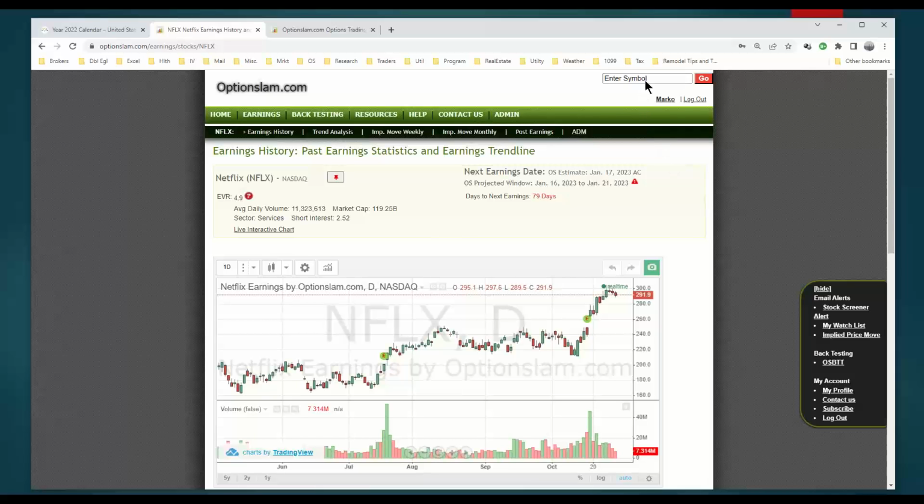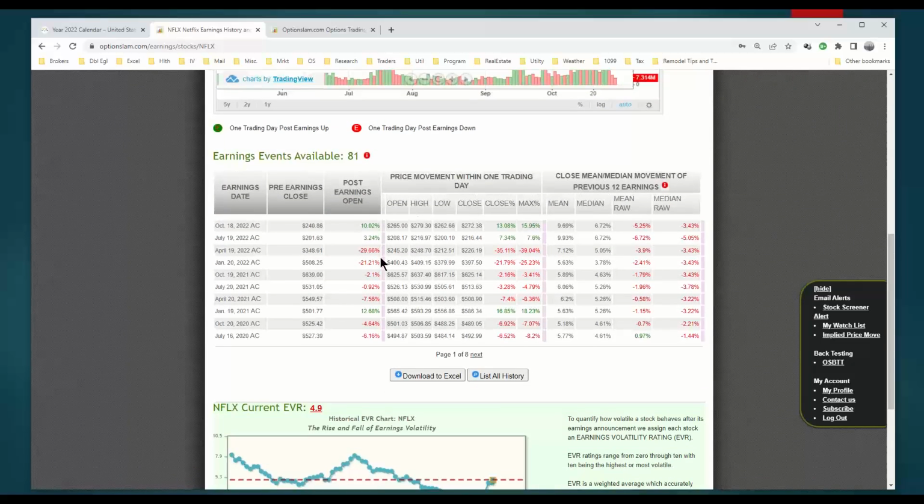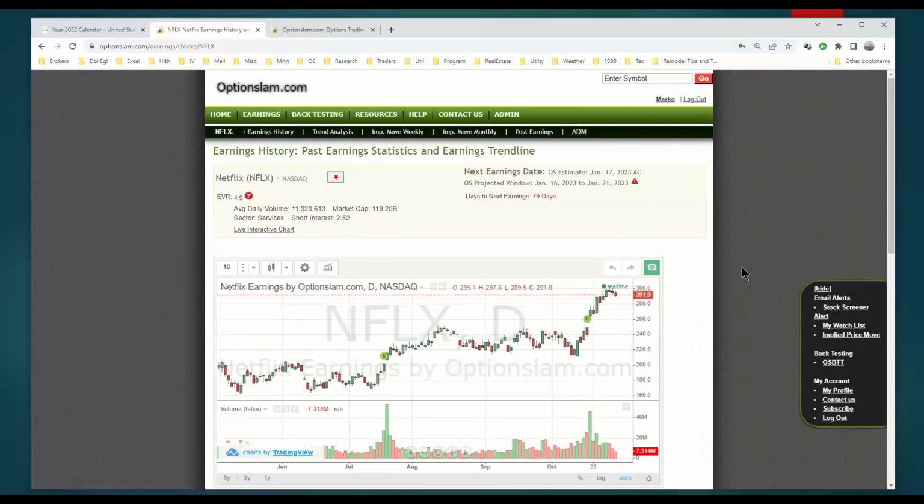But if we go to a specific stock at OptionSlam, all of this data comes from a vendor that we purchase data from in order to build and provide data to you folks. What we purchase is end of day data. We don't purchase intraday data. The end of day data alone is already very expensive. So we don't purchase the intraday data, but there are some backtesting tools that do have intraday data available.